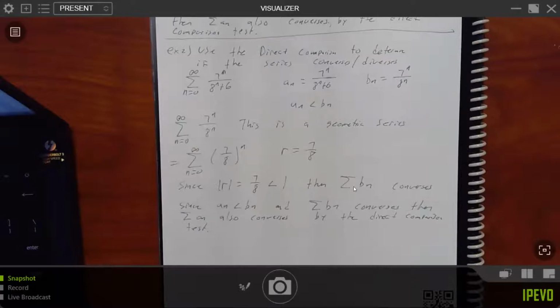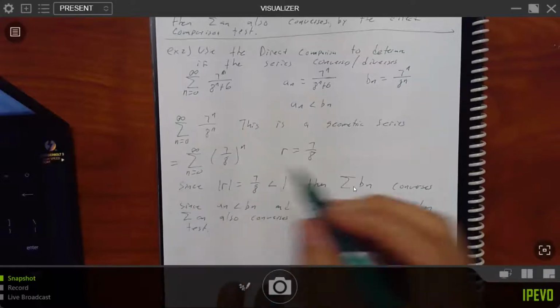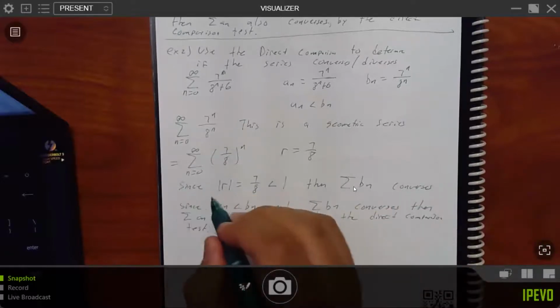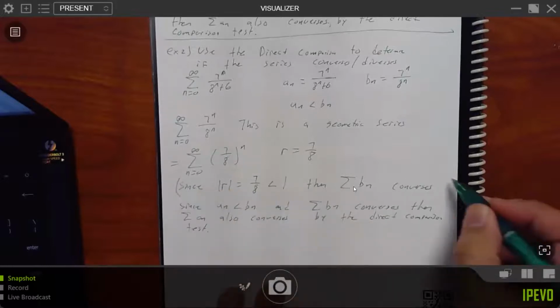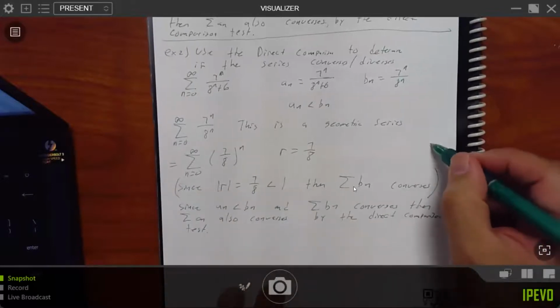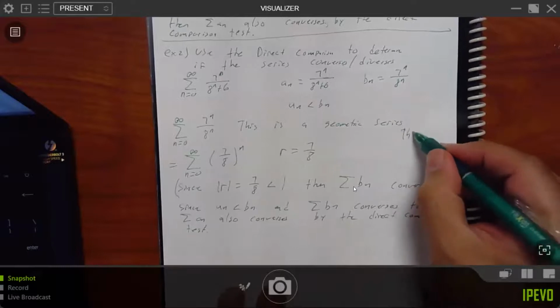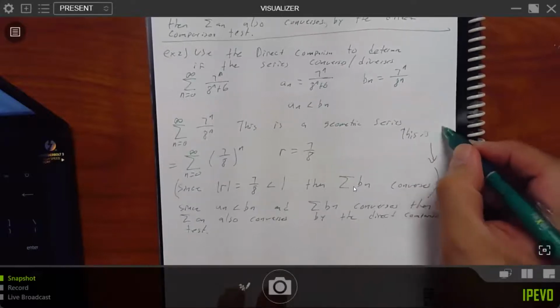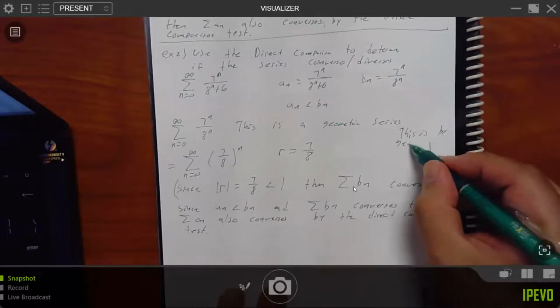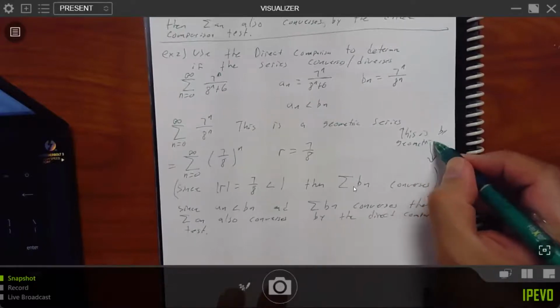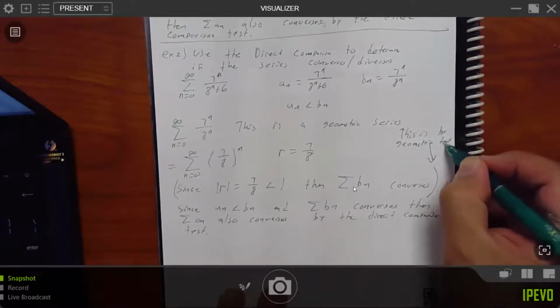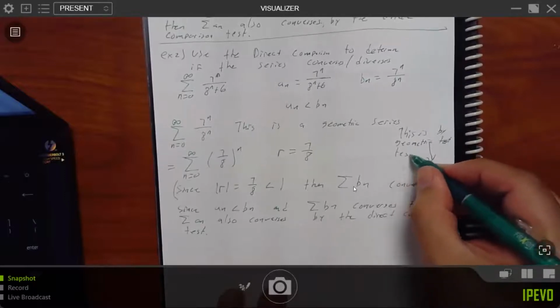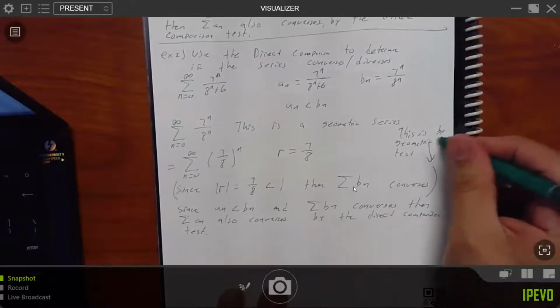Why, what you said, we determined about the n plus 6 is more than the one in the top. By the way, before you get to your question, this is by the geometric test.